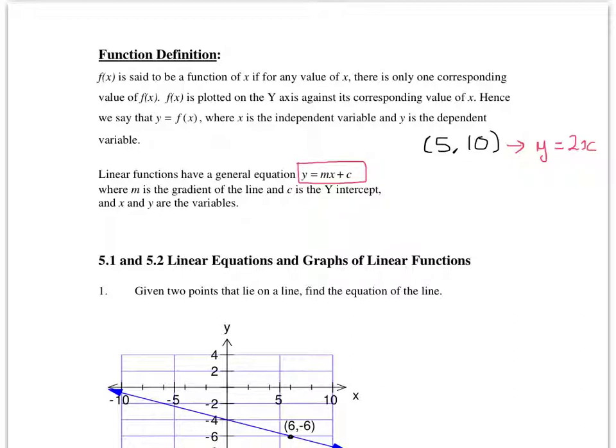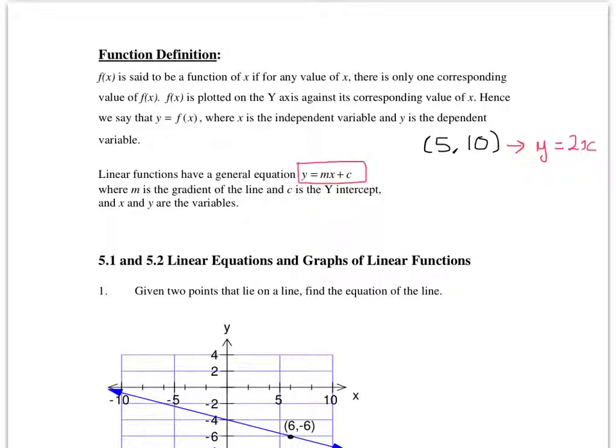Now in this equation, the m is generally a constant term, as it was in our initial equation, and it gives us the gradient or the slope of the line, and c is the y-intercept. It's the point on the y-axis where the oblique line intersects the y-axis.